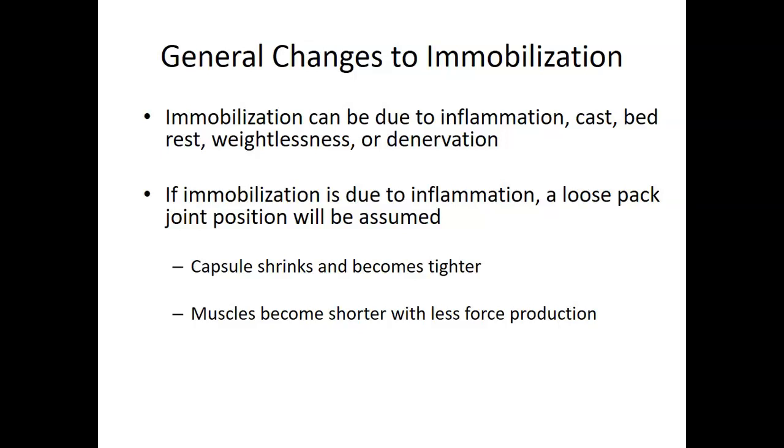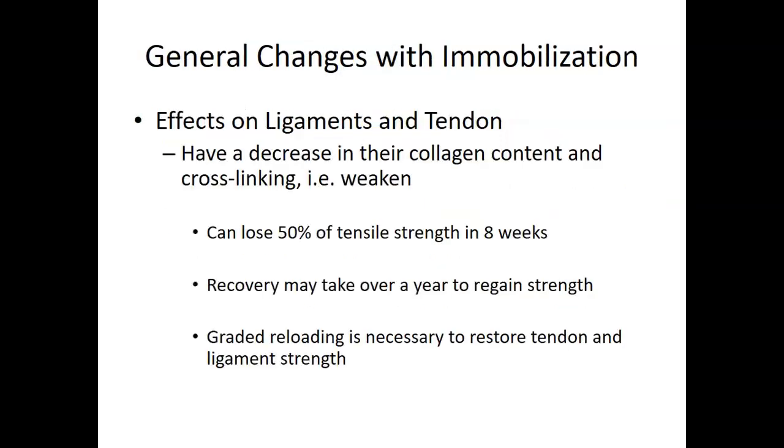It pushes against the joint, and that's where you get pain. So the person is going to seek the loosest position in there with an inflamed joint. So you end up with a capsule that actually becomes tight and muscles that become shorter.